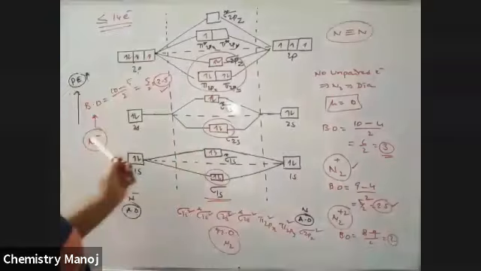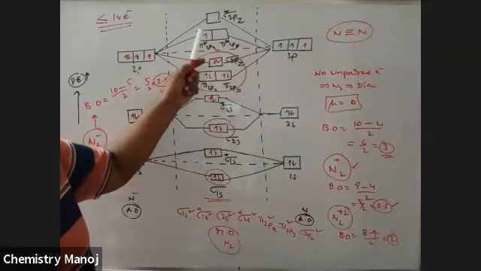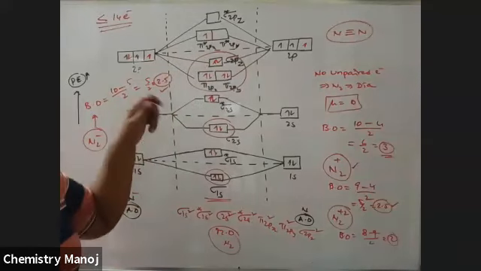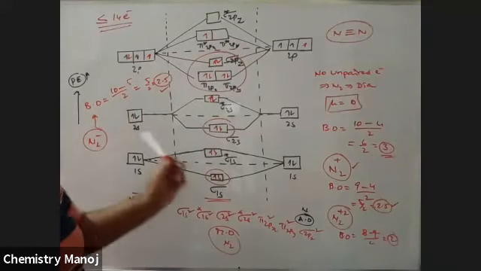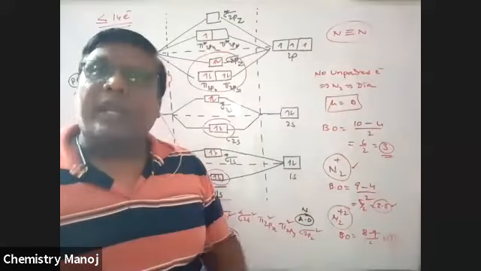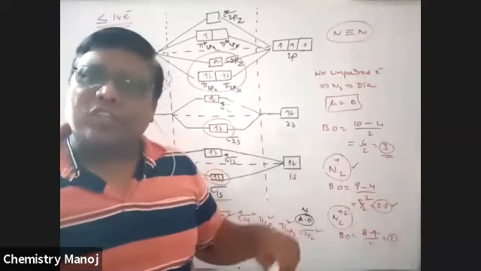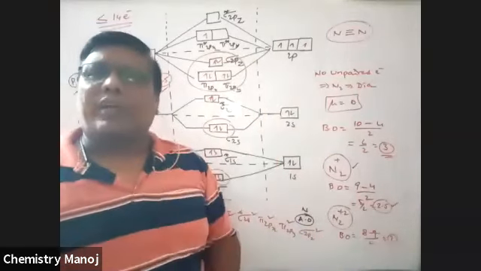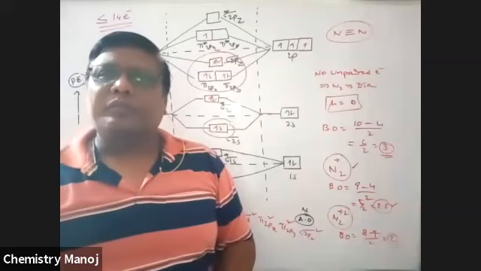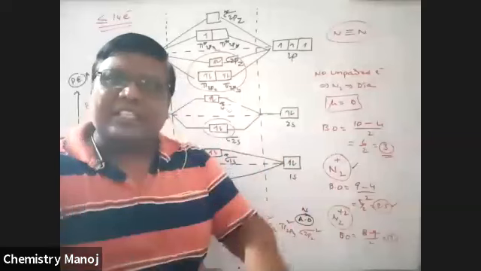In the N2 minus case, there is an extra antibonding electron, so the stability of this species decreases. The presence of an antibonding electron decreases the stability.